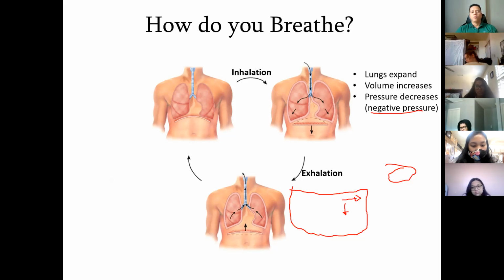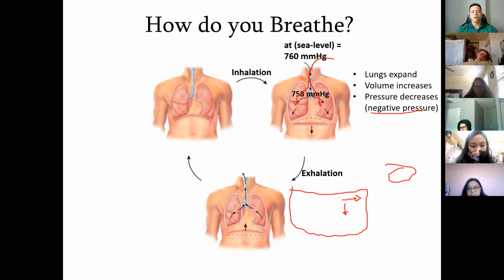Vacuum. Now, this decrease in the pressure inside of the lungs is not by much. It's only 2 millimeters of mercury in relation to the outside pressure, atmospheric pressure, okay? But that is just enough to allow the air to be sucked into our lungs. And that is inhalation.